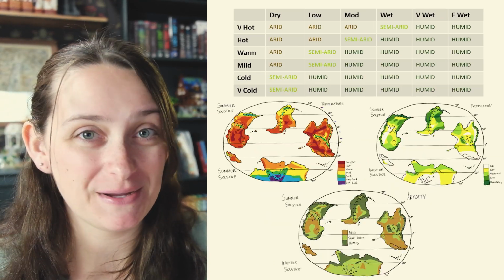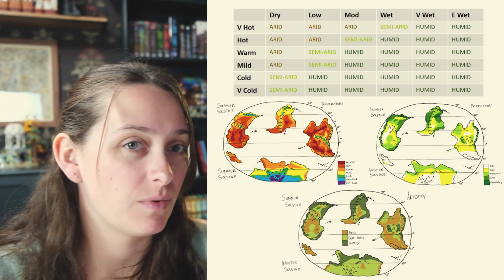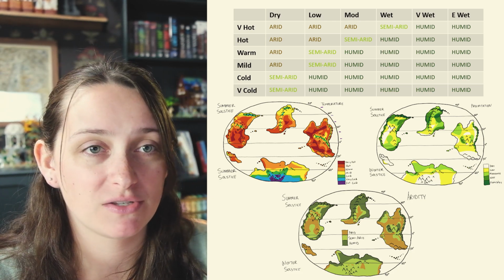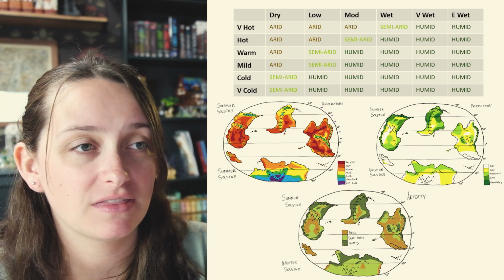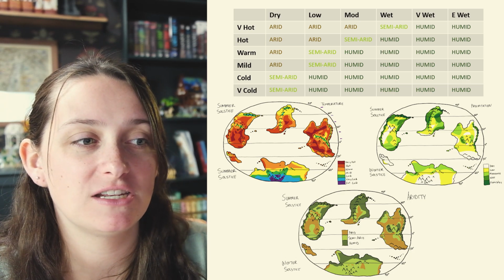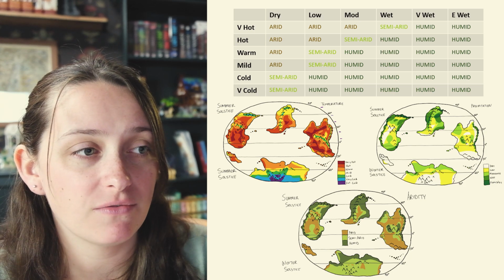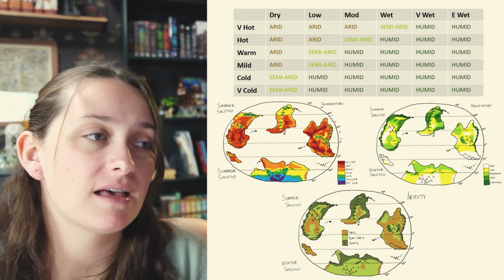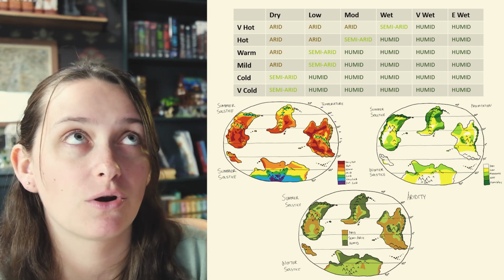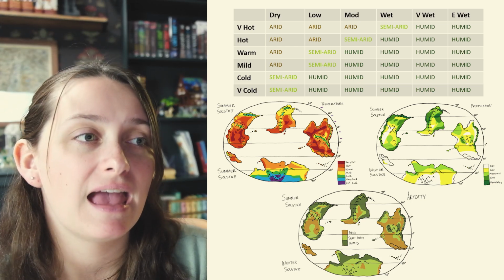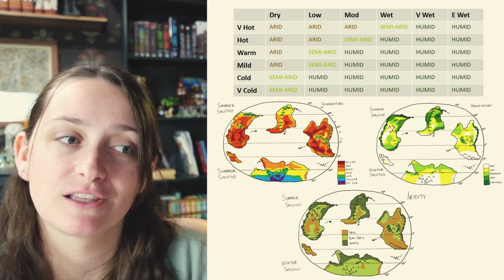So for mapping aridity, I like to work with one precipitation level at a time and cross-reference each section with the summer temperature. And I took that table from before and sort of color-coded it to match the aridity that I'm looking for. So I'm just sort of going a little area at a time, mapping it out, because you're only selecting 3 options: arid, semi-arid, or humid, which makes it a little bit easier.